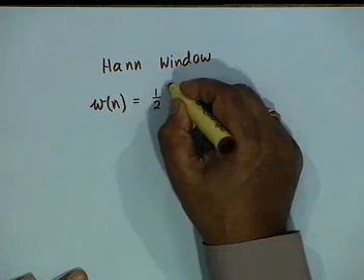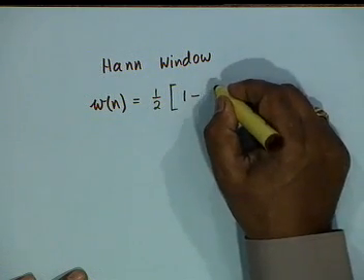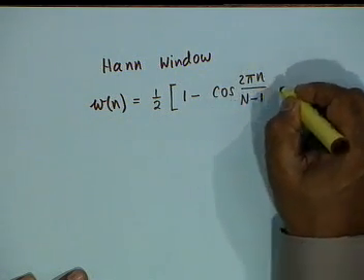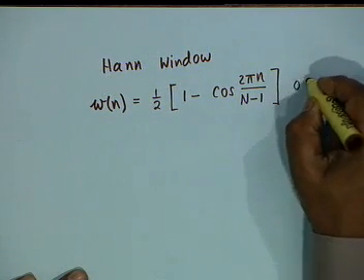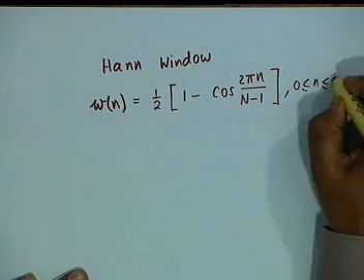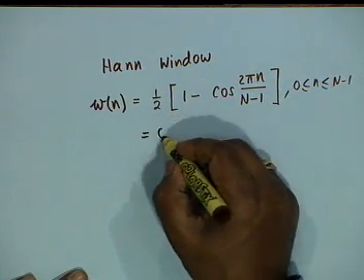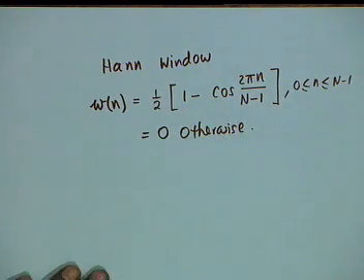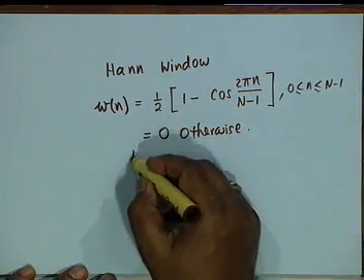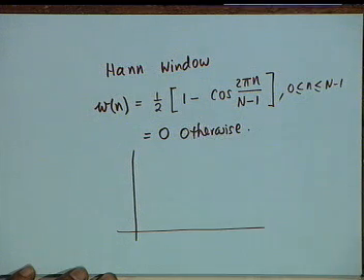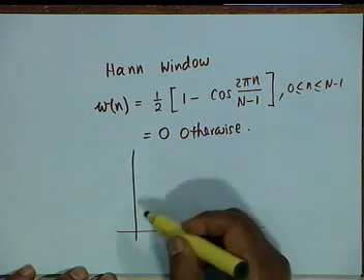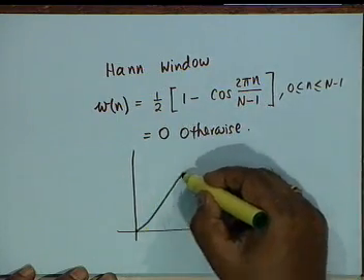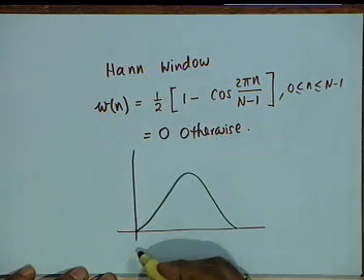It is half of 1 minus cosine of 2 pi n divided by capital N minus 1, for 0 less than or equal to n less than or equal to N minus 1, and 0 otherwise. If we plot it, the plot looks like a cosine wave. It is half minus this, it goes like this and falls like this.